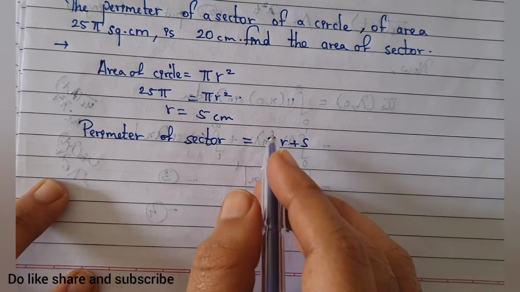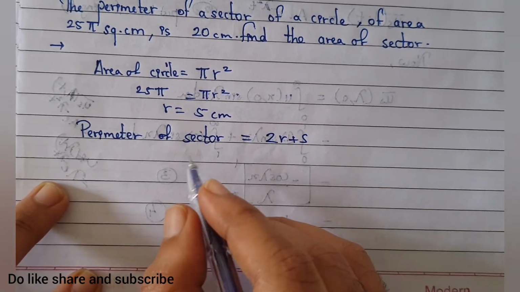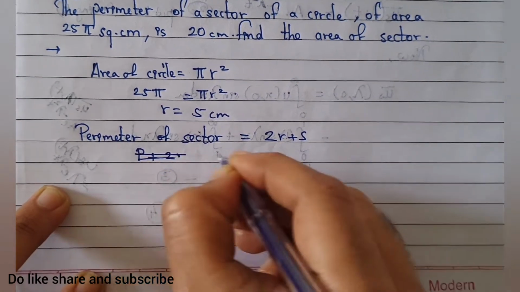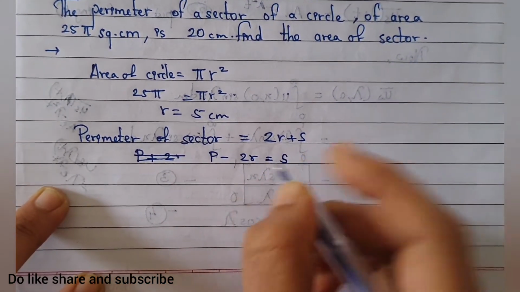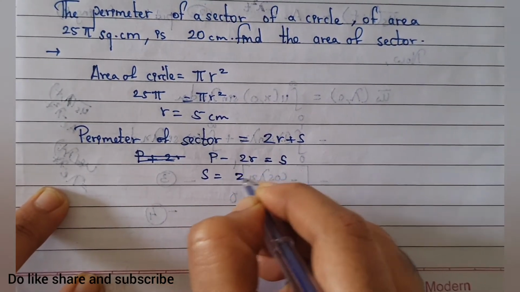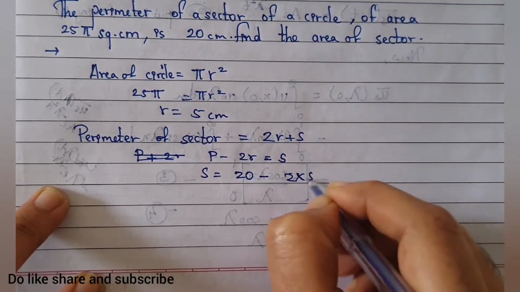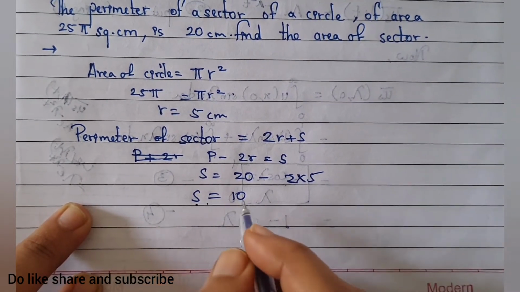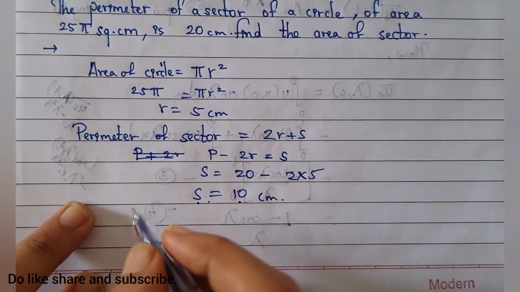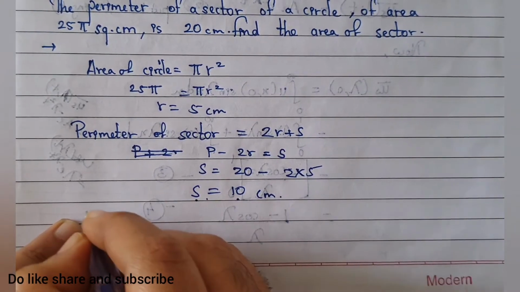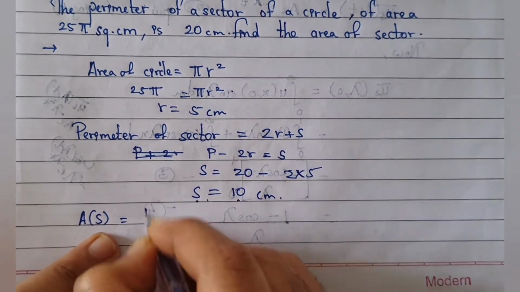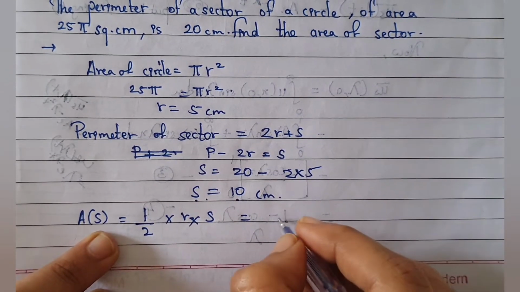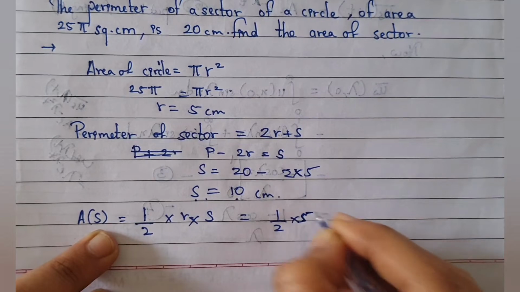So we substitute the values: s is equal to perimeter minus 2r, that is 20 minus 2 times the radius 5, so we get 10 as the length of the arc. So s, the length of arc, is 10 centimeter. Now we calculate the area of the sector, which is half into r into the length of arc, that is half into 5 into 10.